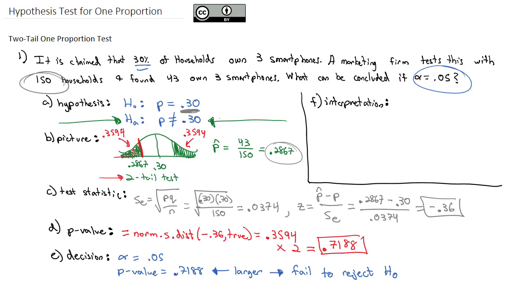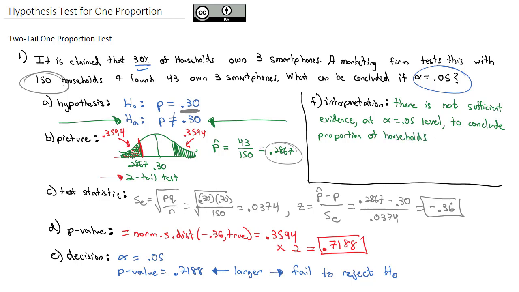Because we failed to get the alternative hypothesis, we failed to reject the null hypothesis, we're going to say there is not sufficient evidence at the alpha equals 0.05 level to conclude the alternate hypothesis, the proportion of households that own 3 smartphones is, the alternate hypothesis says not equal to or is different than 30%, or 0.30.